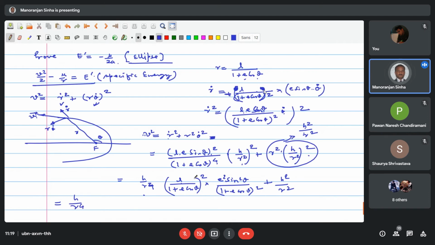This quantity L by 1 plus E cos theta is nothing but R, so this becomes R square. So this is H by R square, E square sin square theta divided by 1 plus E cos theta whole square plus theta square.